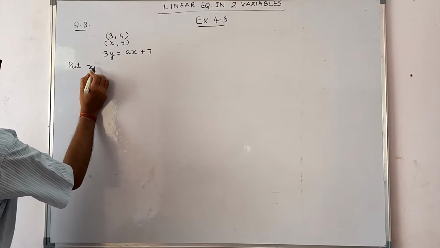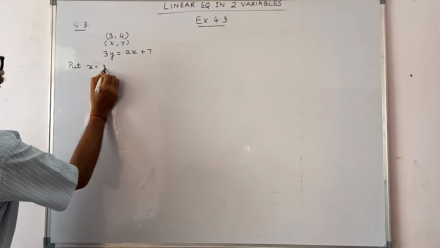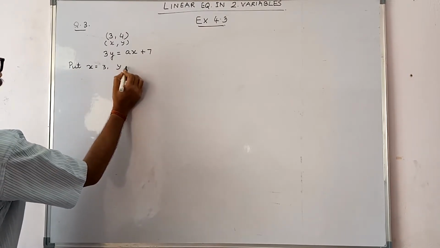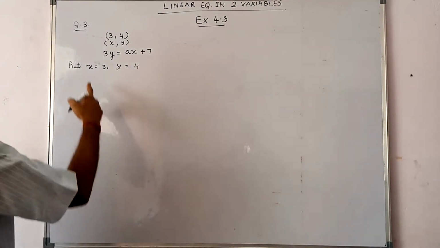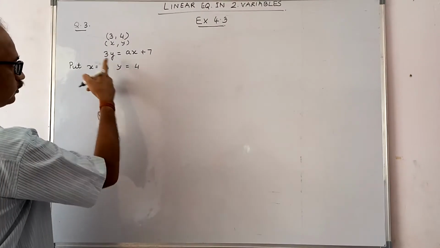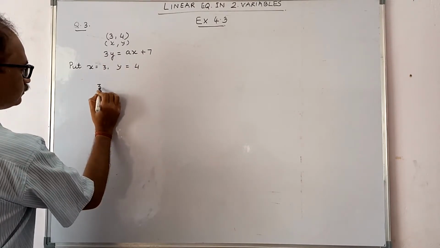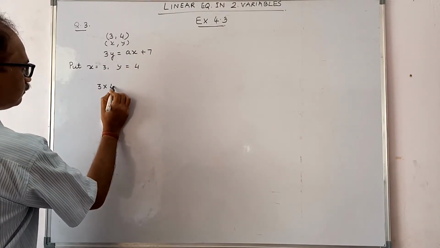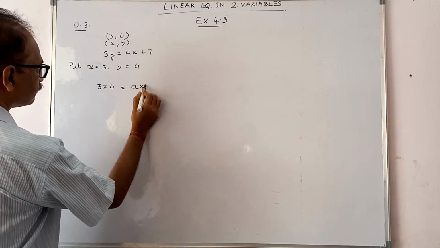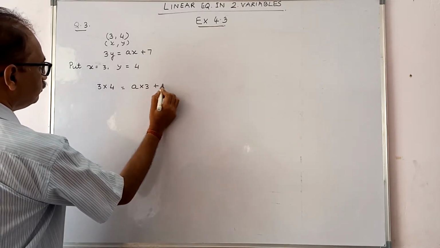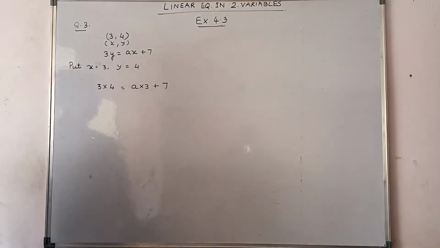Put x = 3 and y = 4 in this relation. So you get 3 into 4 is equal to a into 3 plus 7.